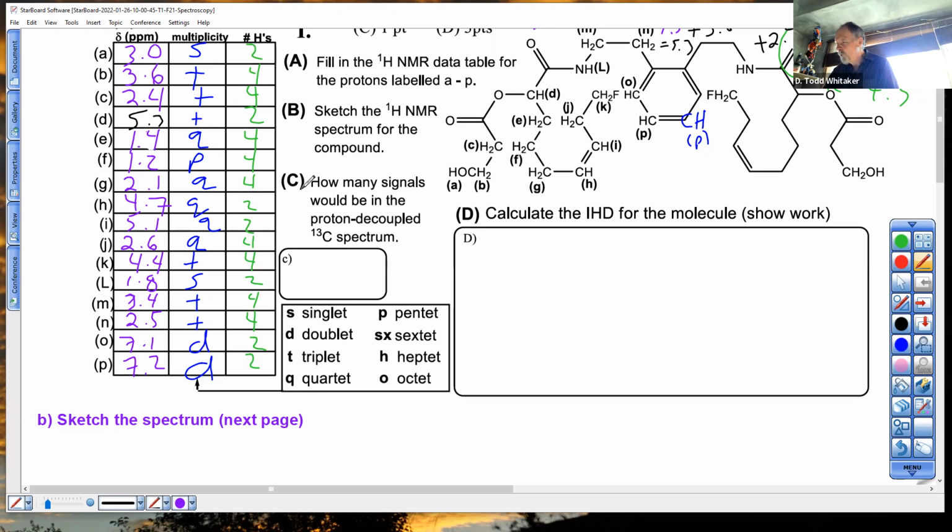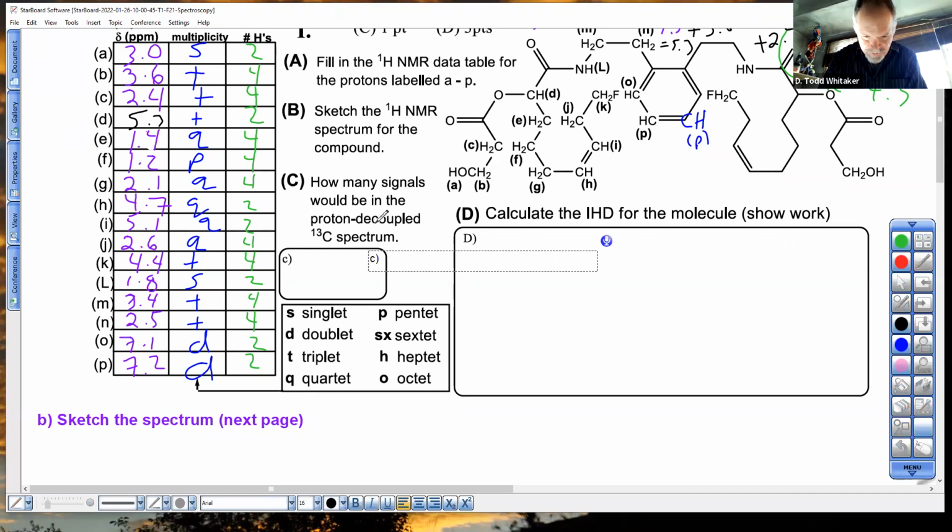C is a weird question. How many signals would be in the proton decoupled C13 spectrum? Do you want me to translate? Translation, C: How many types of carbon are in the molecule? That's all you need to know about C13 NMR spectra.